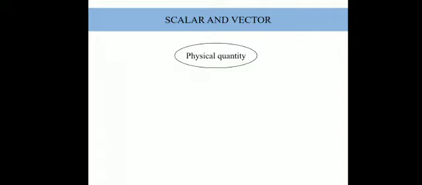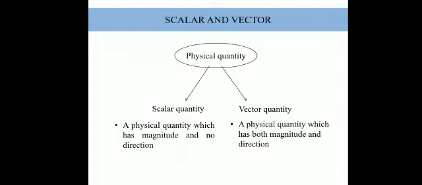However, when we talk of a vector quantity, it's another type of physical quantity in which direction is very, very important. For example, if we are talking about a force, and we are moving a chair from one point to another point in a house, but if we apply force on the chair in the wrong direction, the chair will not go to the point where we wanted it to.